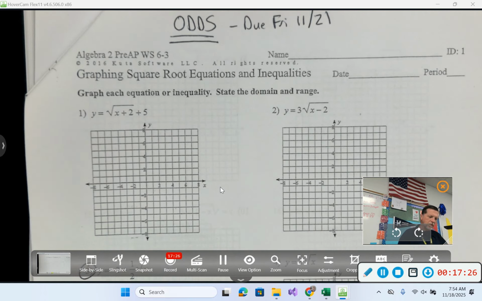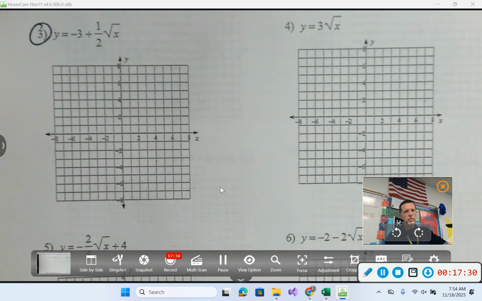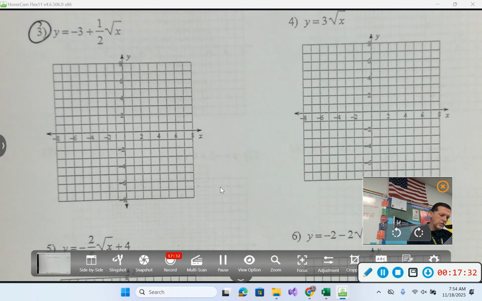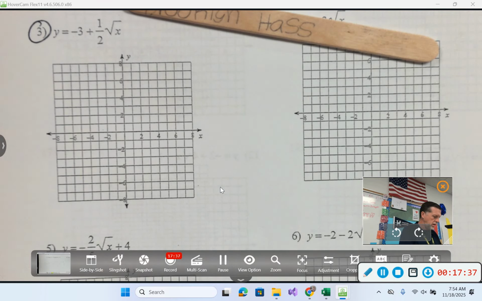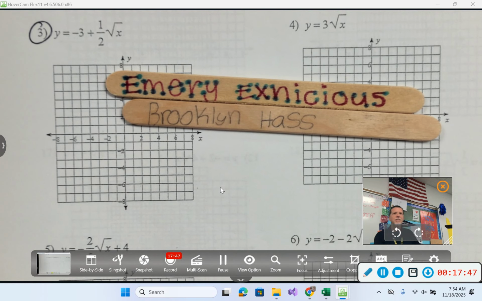Number 3 looks kind of weird. So let's talk number 3. Let's see. This one feels like out of order.